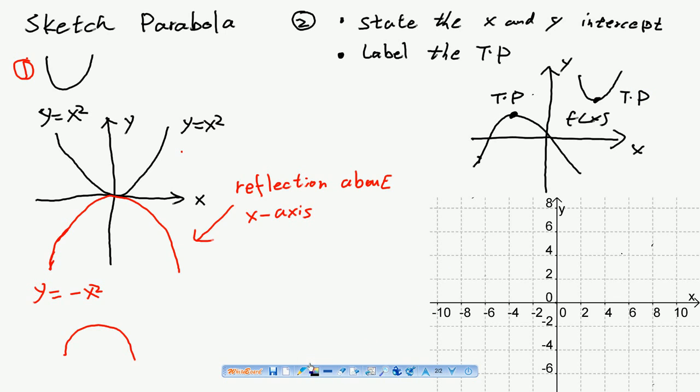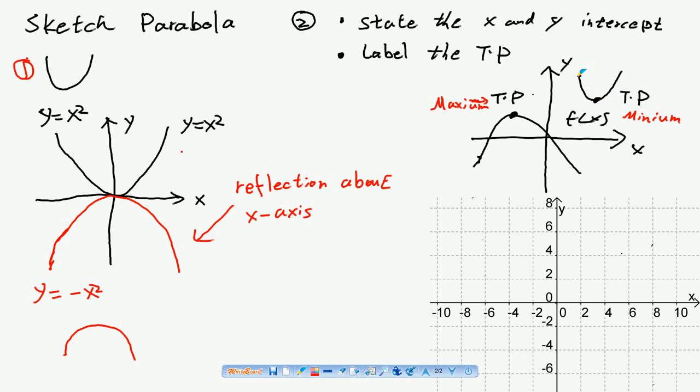A turning point can be explained as where the graph starts to change direction. It is a minimum turning point because on the graph this is the minimum point and it's turning.